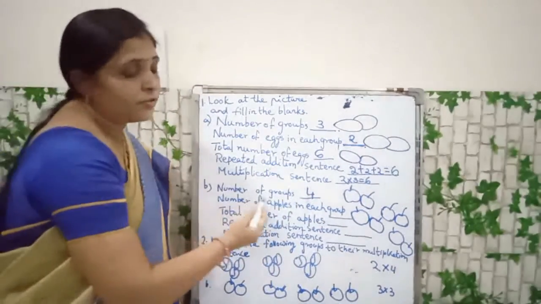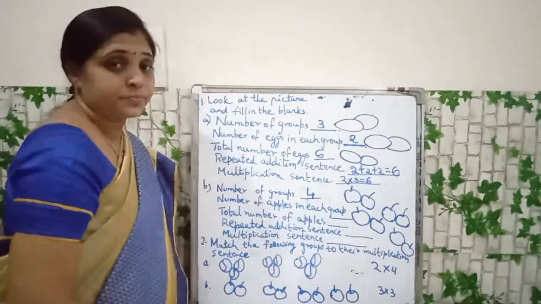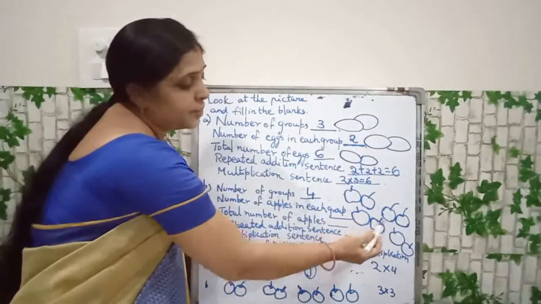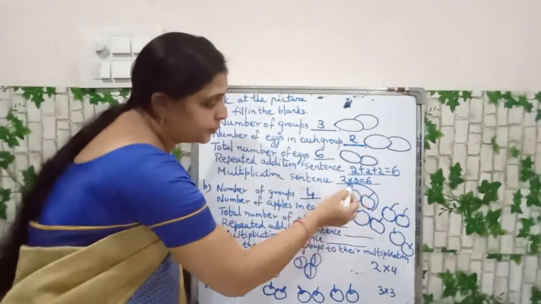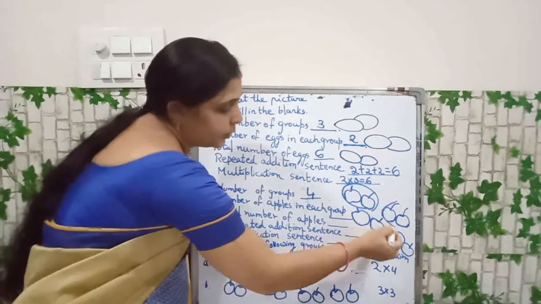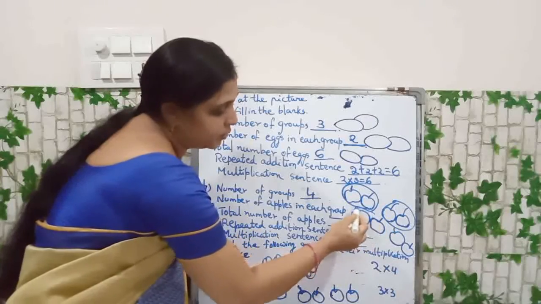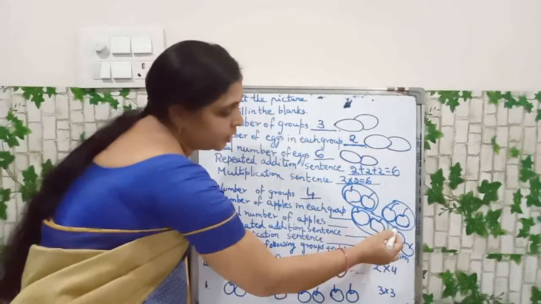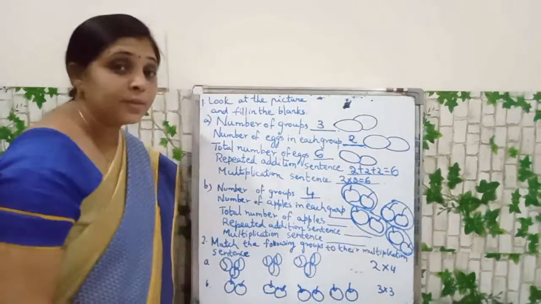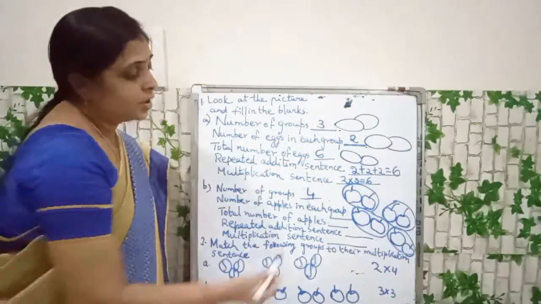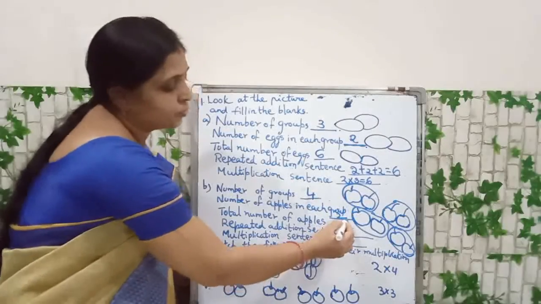Next, number of apples in each group. Here 1 group, here 1 group, here 1 group, here 1 group. So in each group, how many apples are there? 2. So I have to write 2.